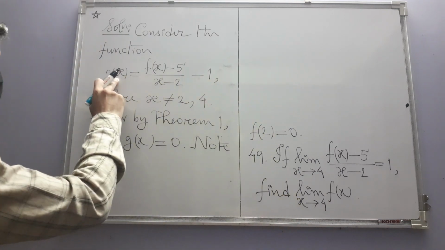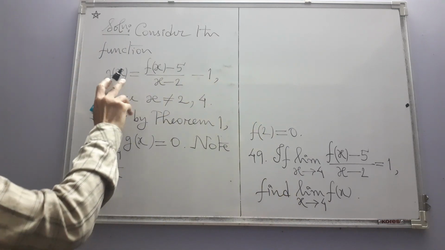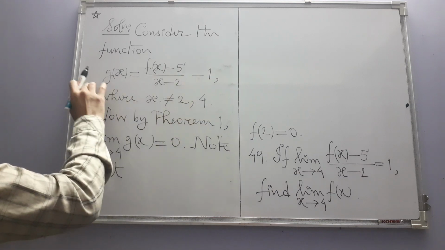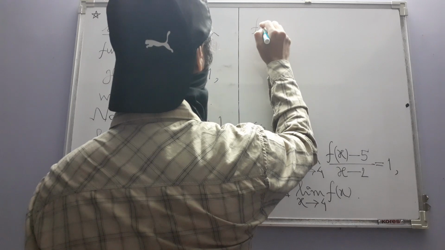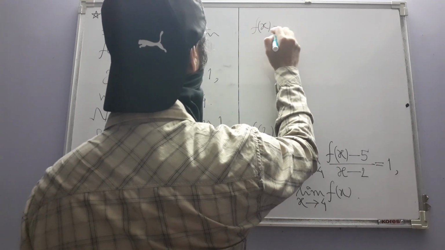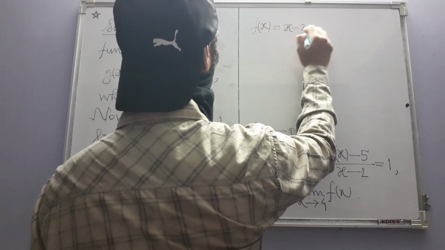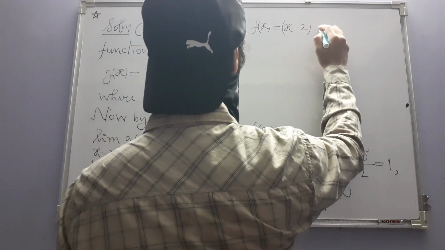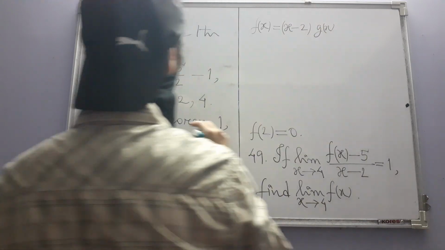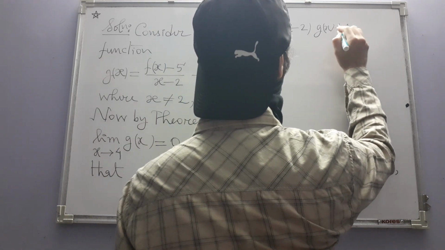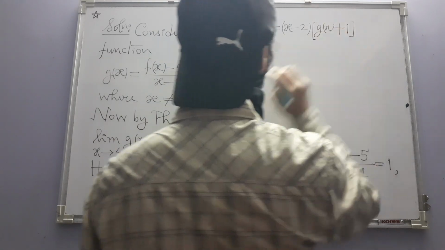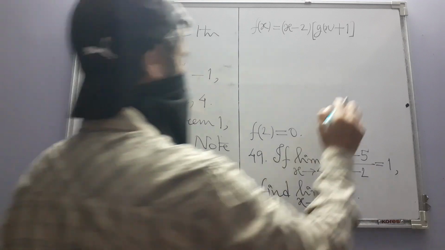One will go on this side, so we will have g of x plus 1. Then if you multiply by this and take 5 on that side, you will get this. f of x will be x minus 2 times g of x plus 1 plus 5.